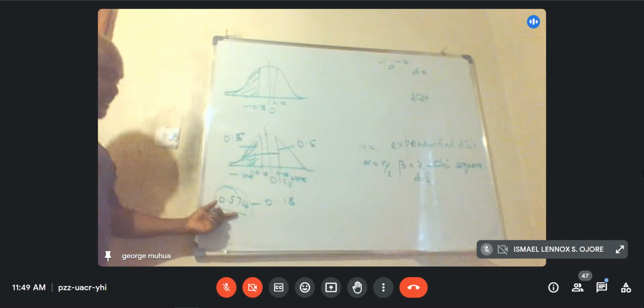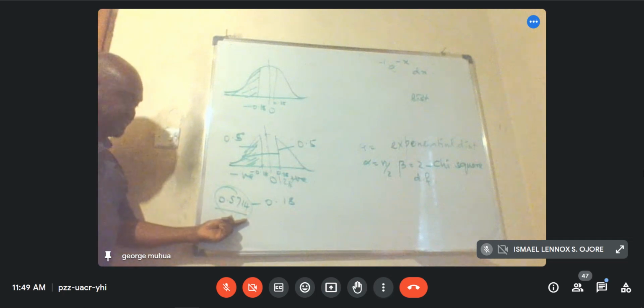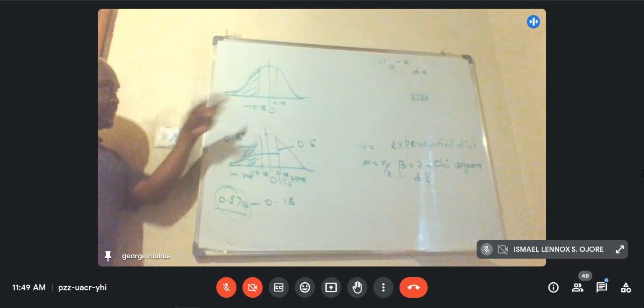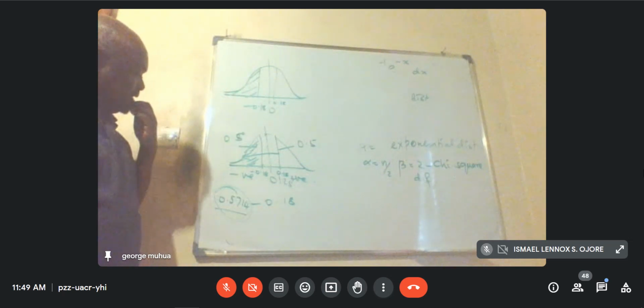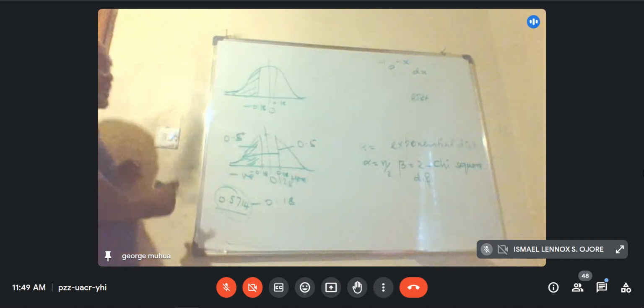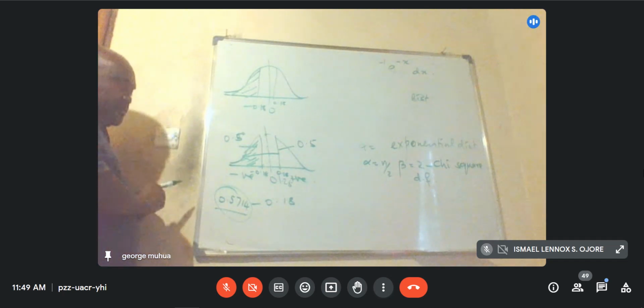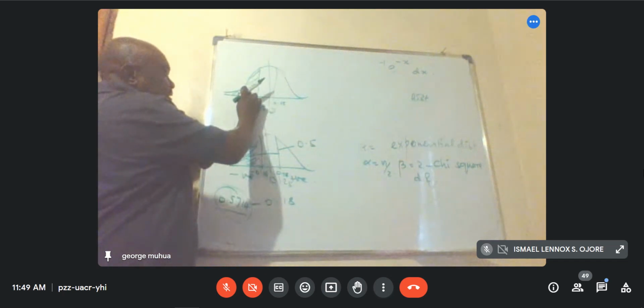So how do I get this? I think we'll subtract 0.5 from 0.5714. Yes, we subtract 0.5, because we just want this area here.